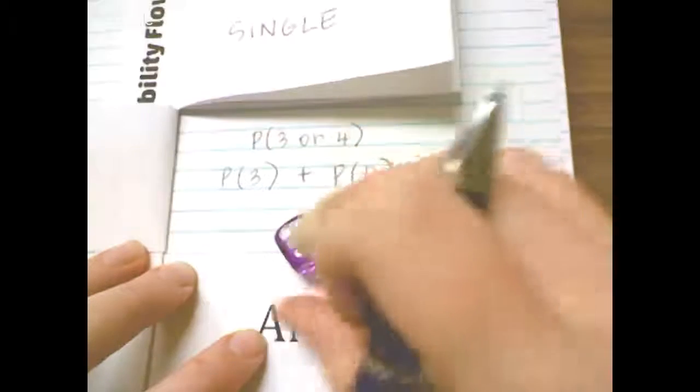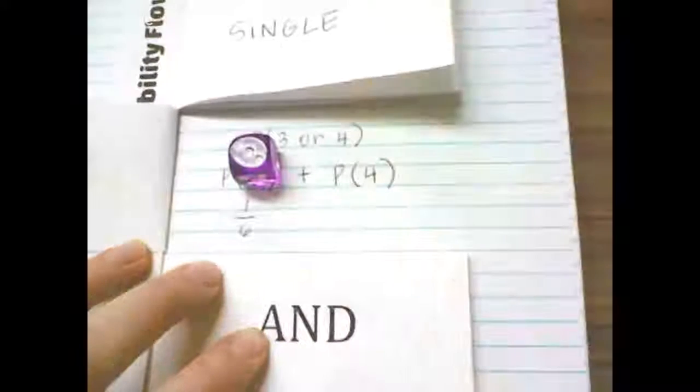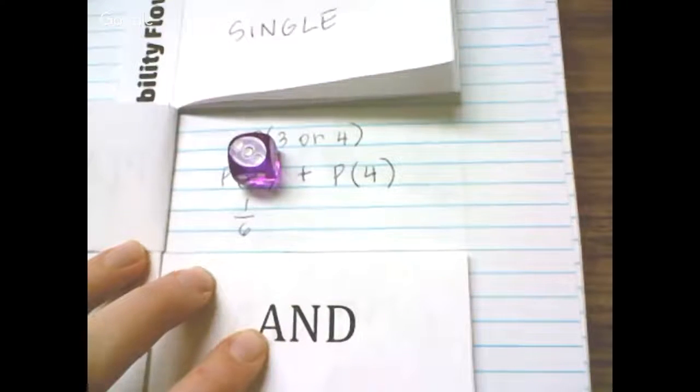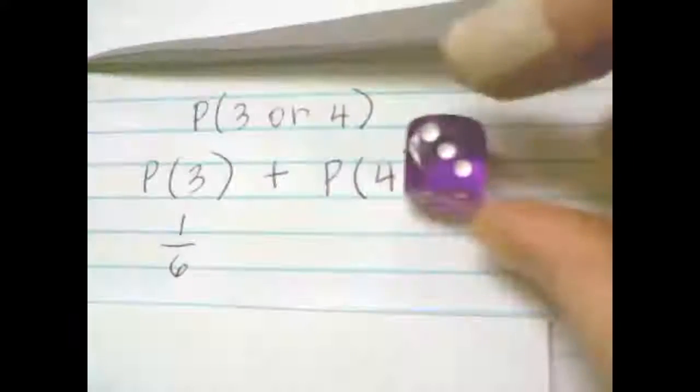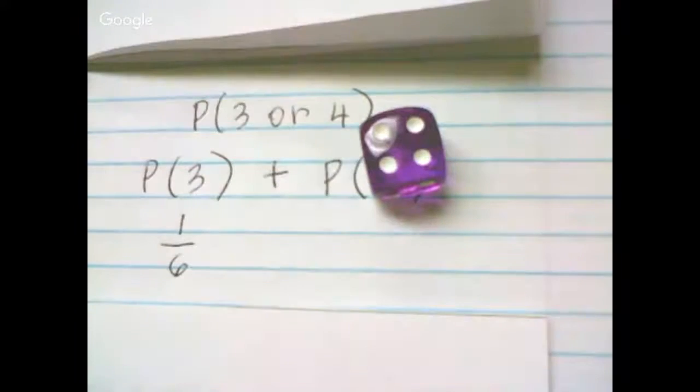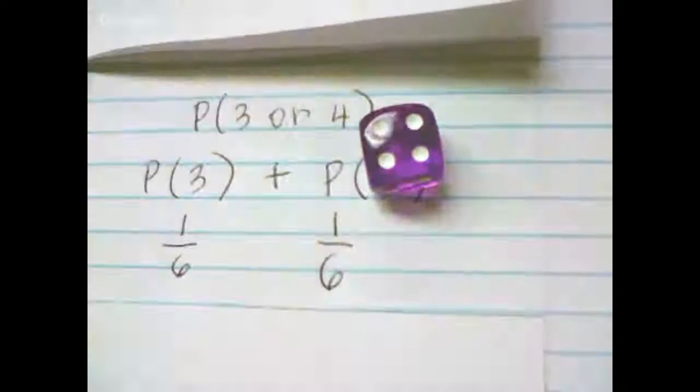Well, probability of a 3, that's just 1 out of my 6. Probability of my 4, that again is 1 out of my 6.